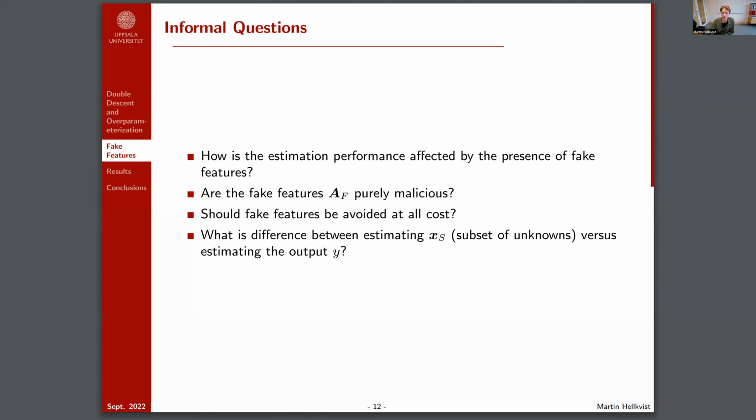Furthermore, is there any difference in terms of fake features if we estimate XS, so the part of the underlying system that we observe, versus only considering the output MSE, so the prediction error? With these questions asked, we will look a little bit deeper into the setting and proceed to the findings.